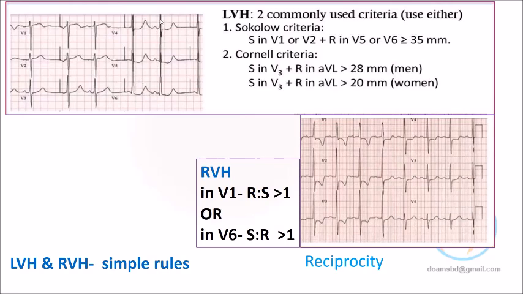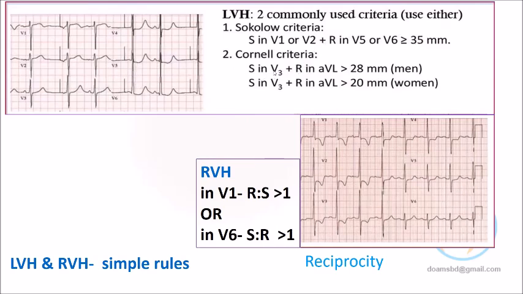You see here, S in V1 goes down more, and the R in V5 is up more, taller. R is taller in V5 and V6. Usually it is taller, no doubt, but not too much taller. Actually, it will not cross this that much. So if you calculate, more than 35.